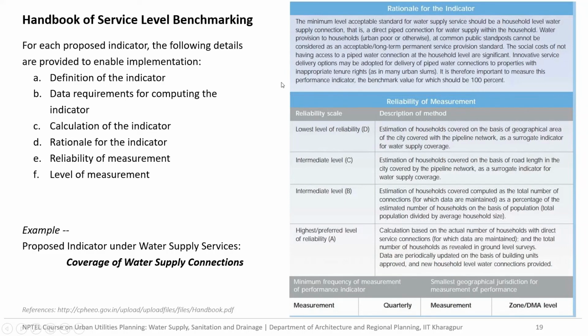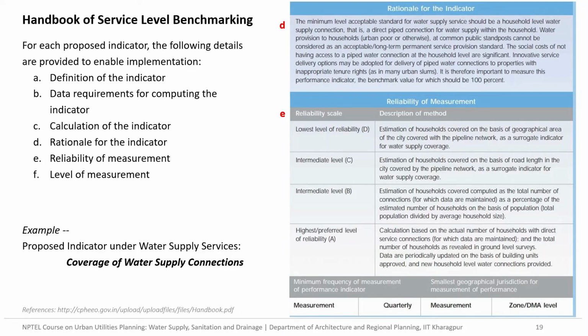The handbook also gives the rationale for the indicator as to why the indicator is included in the estimation. Then the reliability of measurement. Data availability in different urban local bodies or parastatal agencies might be very different. For example, in case of water supply connections, the highest preferred level of reliability is when you have the actual number of households with direct service connections.